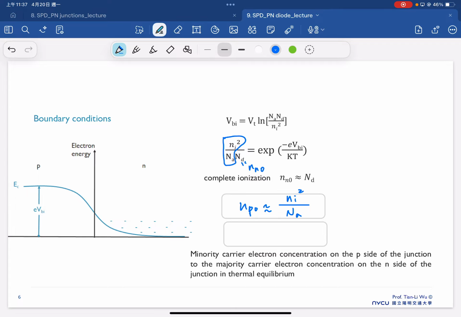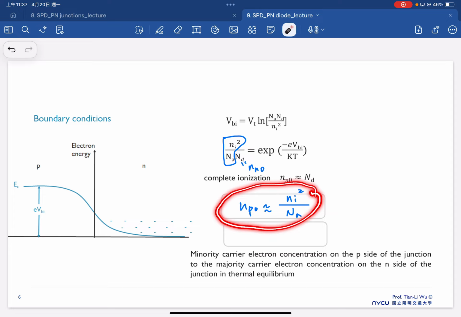And we consider this one, so this will be equal to NP0.